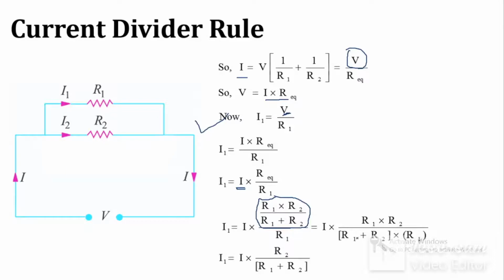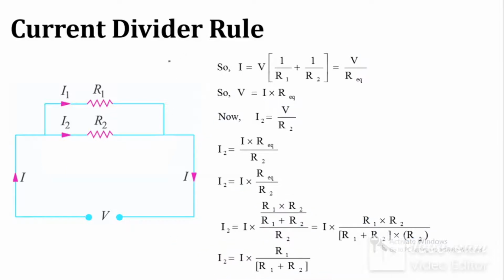So here R1 plus R2 is multiplied by R1, and we can cancel out this R1. So in the numerator there will be only R2, so R2 divided by R1 plus R2. This is the individual current in branch R1.